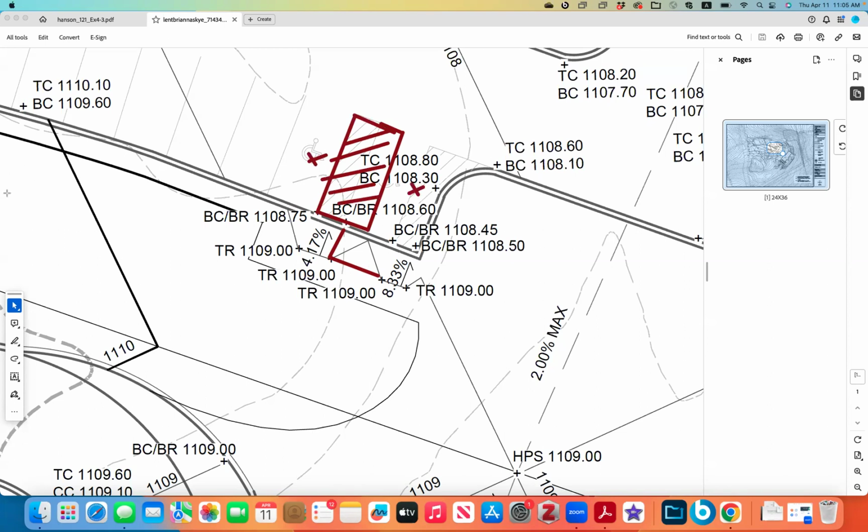And then I would do a landing here. And then the ramp will be here. So basically, you do not have a curb here. You roll into the landing, which should be 2%. It's an extension of the parking area.